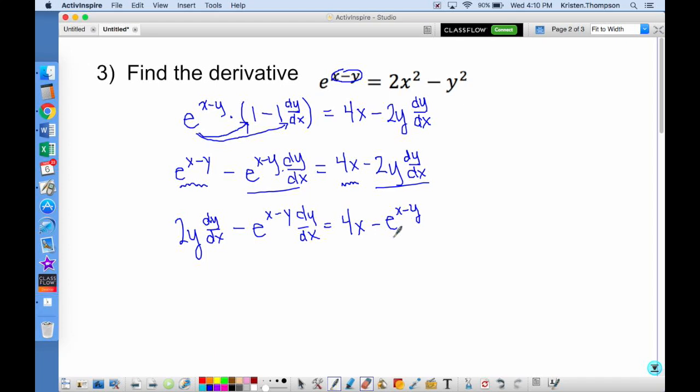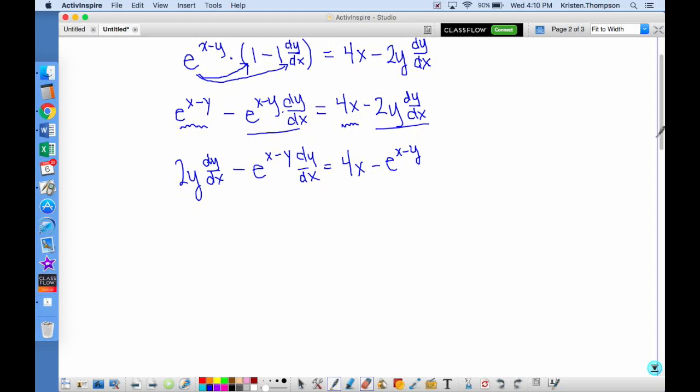Step 3 is to factor out your dy dx term. So on the left, we get dy dx times whatever's left over after we pull it out, so 2y minus e to the x minus y.